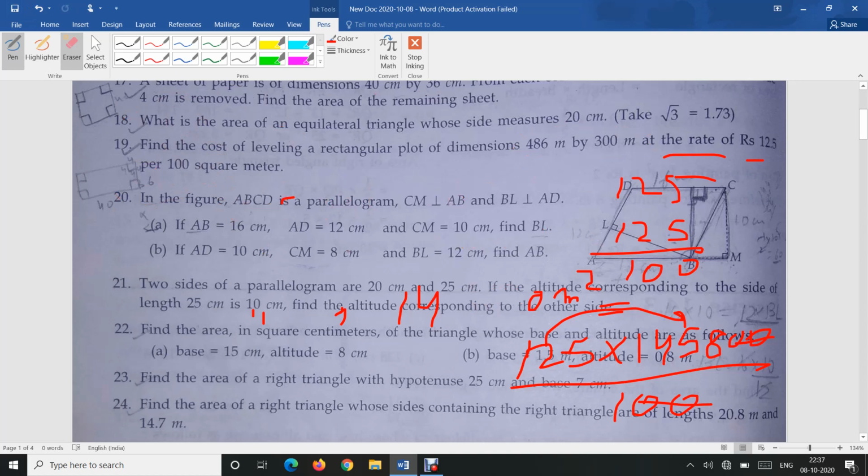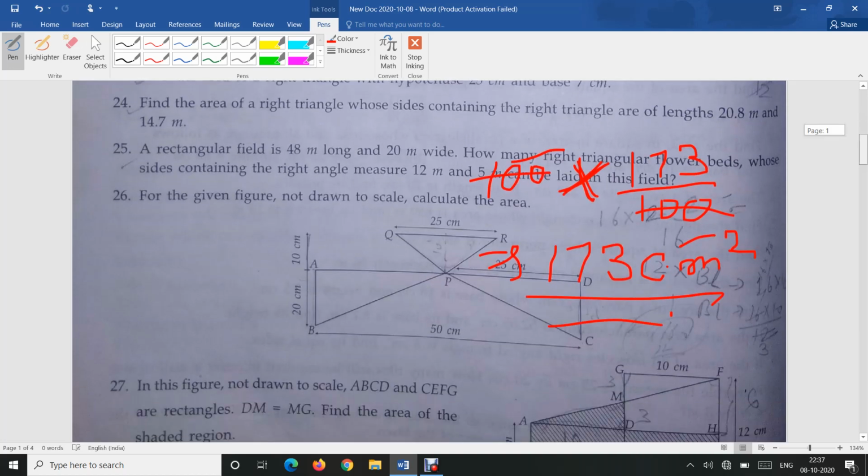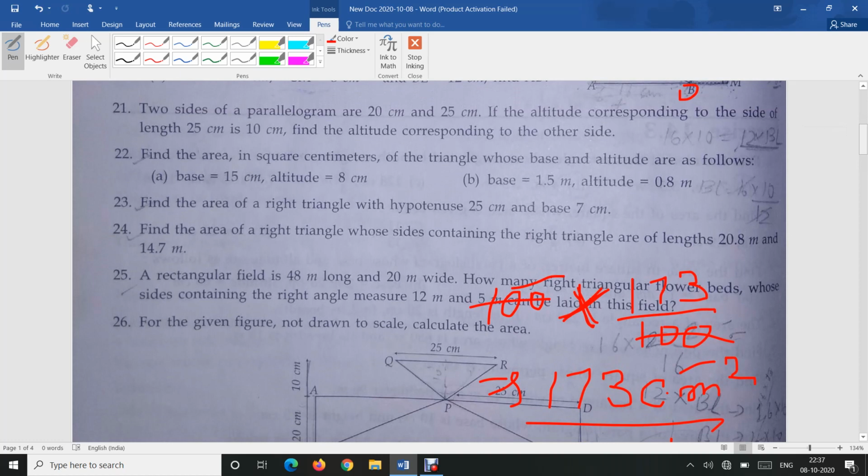Now let us move towards question number 21. Question number 21 is saying that two sides of a parallelogram are 20 centimeter and 25 centimeter, and the altitude corresponding to the side of length 25 centimeter is 10 centimeter.